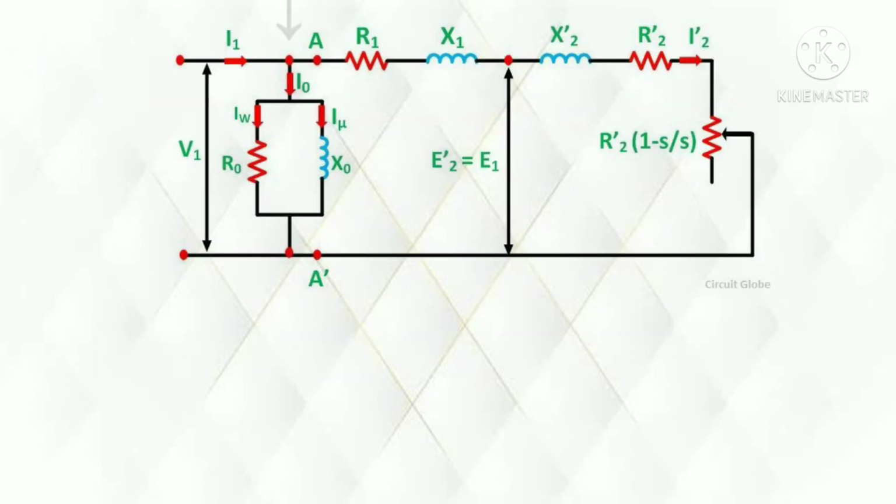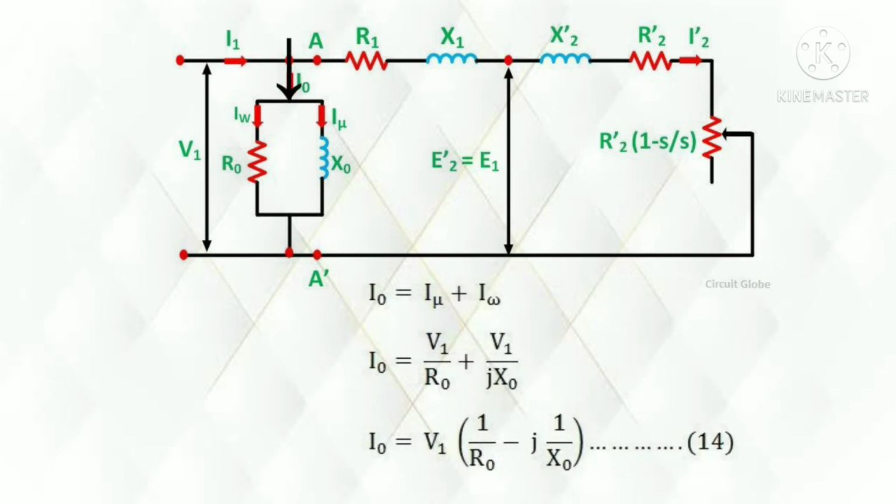No load current I0 is given by I0 equal to I mu plus I w. We have already discussed this. So the voltage across the shunt branch is V1, as V1 is applied to the stator winding of the induction motor. So current I mu equals V1 by R naught, as the voltage across R naught is V1.